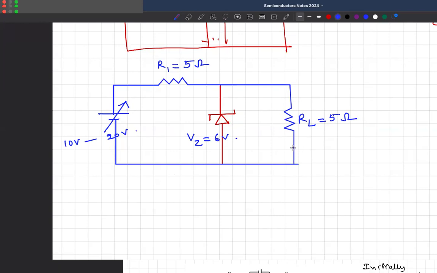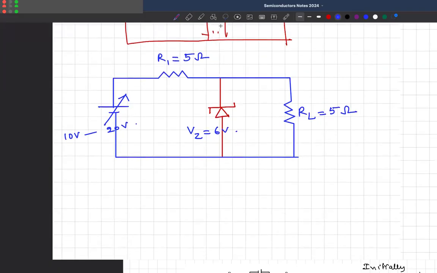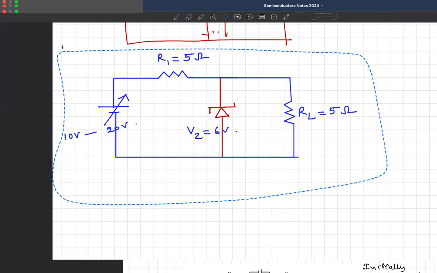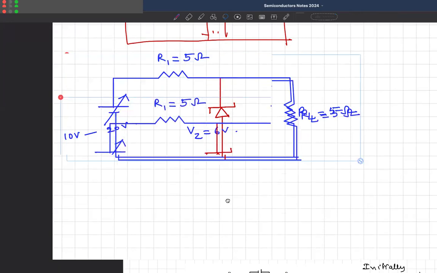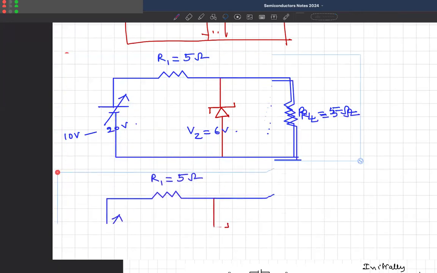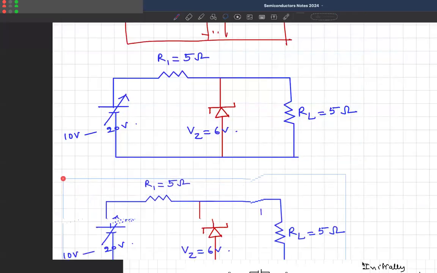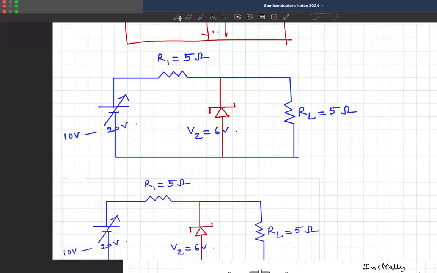Now see, try to understand: when I am applying 10 volts, for example, then the diode is of no use.